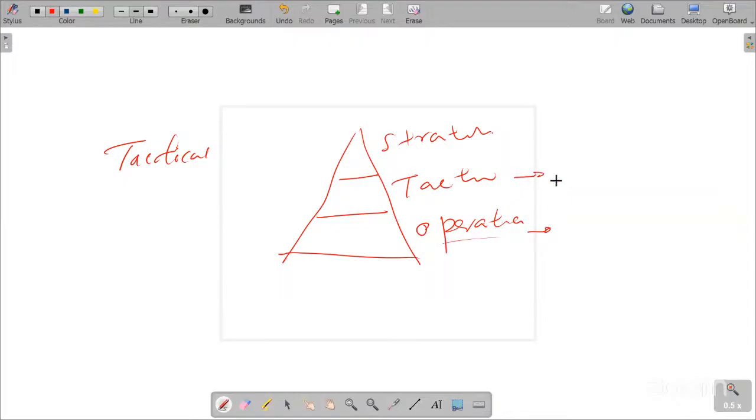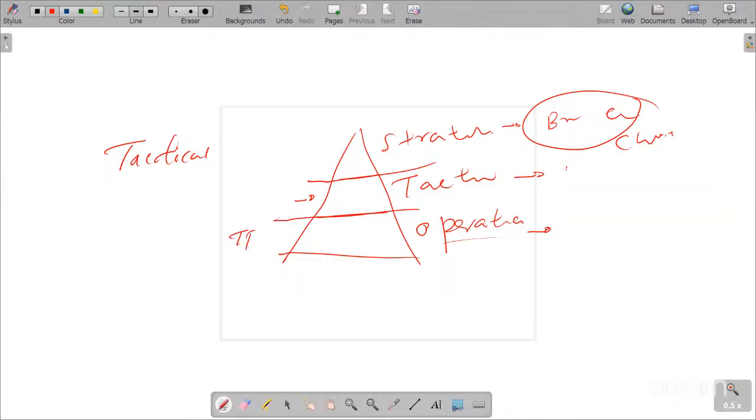Tactical management includes, we'll say, heads of departments, right? Head of marketing, marketing manager in the tactical, head of IT, head of finance, finance manager. And the strategic level includes the board of directors, the chairman and all chief officers, right? CTO, COO, CIO are included in the strategic level. Now, the tactical level is the middle level of this management hierarchy.